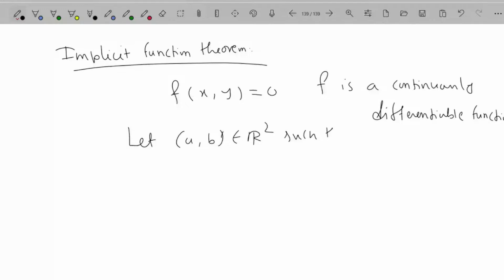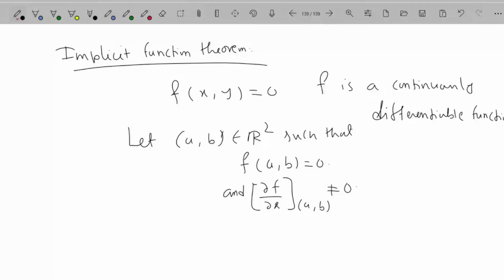Okay. Then it says that there will exist a neighborhood of b. An extra condition is that del f del x calculated at (a, b) is not equal to 0. Suppose we calculate the partial derivative of f with respect to x at the point (a, b). The function is real valued, so you can calculate the partial derivative at a point, and it is not equal to 0.